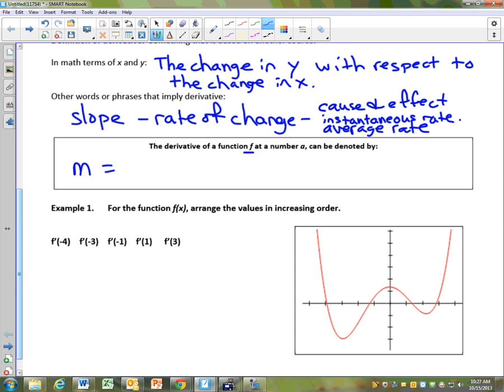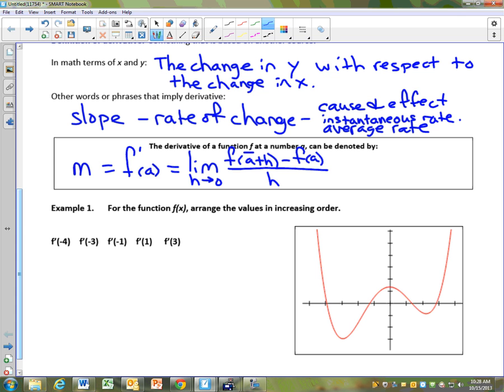So here we go. m equals... I'm going to put this in there. Remember we talked about that yesterday? If you see f prime, that's a way of saying the derivative. So the slope at a given point on the function is equal to the derivative at that spot, which is equal to the limit as h approaches 0 of f of a plus h minus f of a all over h.